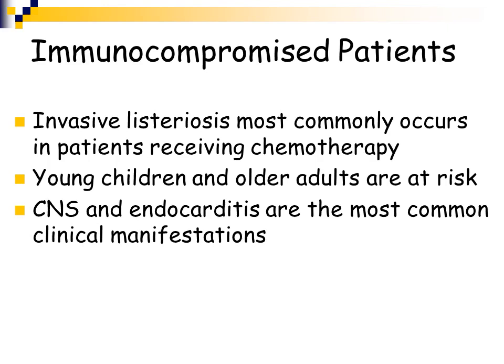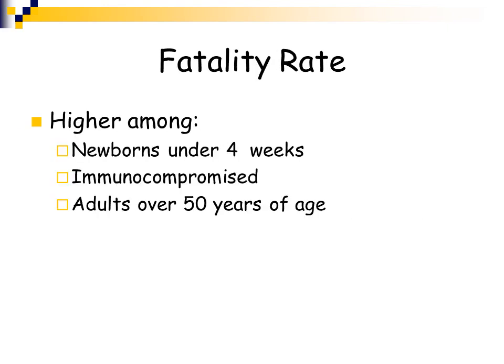The most common manifestations are a central nervous system infection or endocarditis. The fatality rate is much higher in newborns that are under 4 weeks of age, in the severely immunocompromised, and in adults that are over 50 years of age.